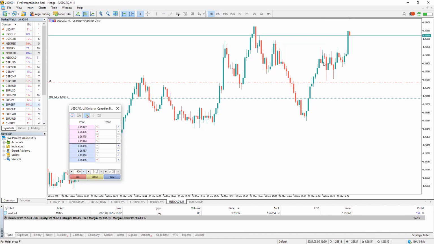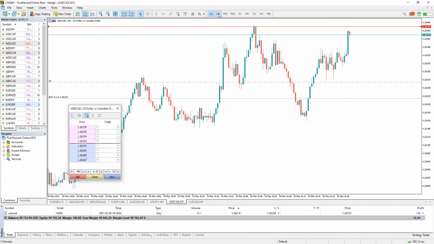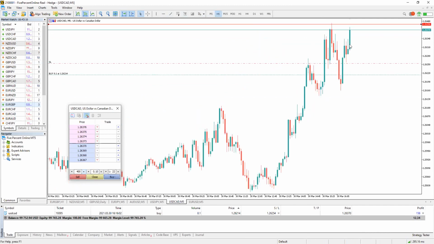Okay, so there's the break. Of course, it will face now the highs. Let's see how it reacts there. We have 2 more minutes on this 5-minute chart.